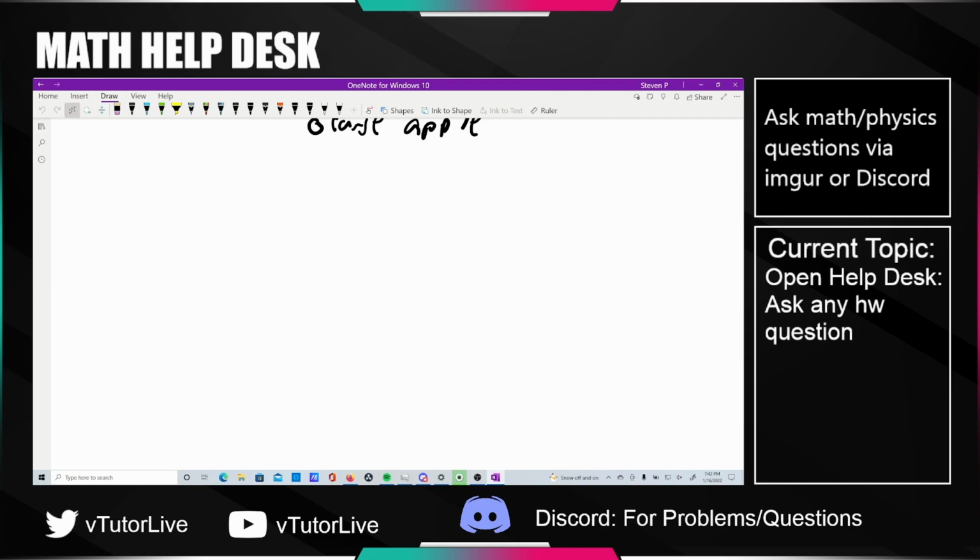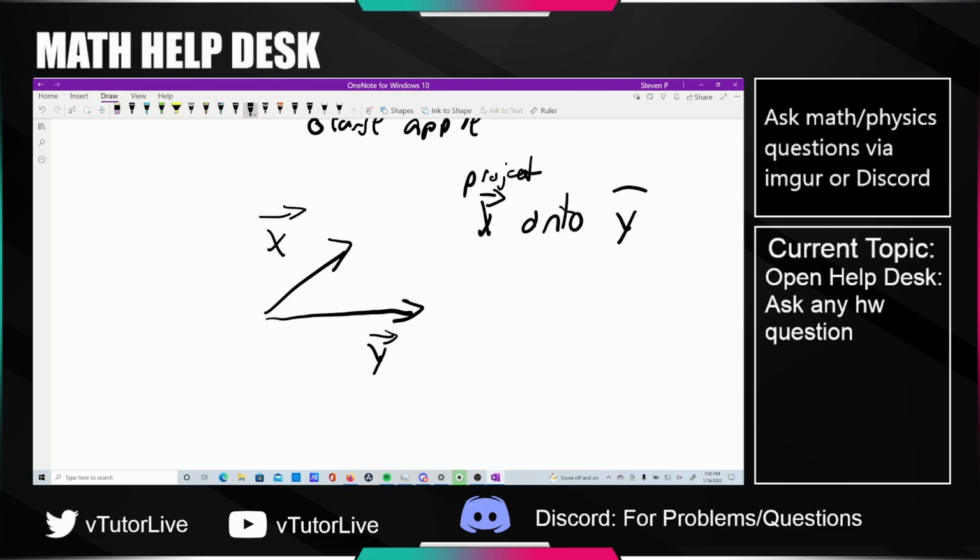A projection of, let's say, X onto Y. What this is saying is, when you project X onto Y, that's like saying Y is the ground.